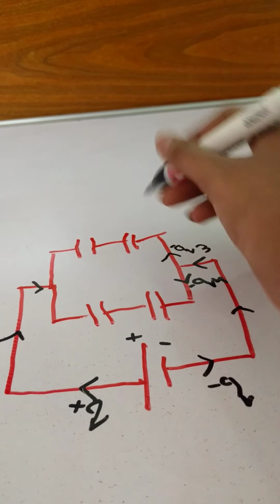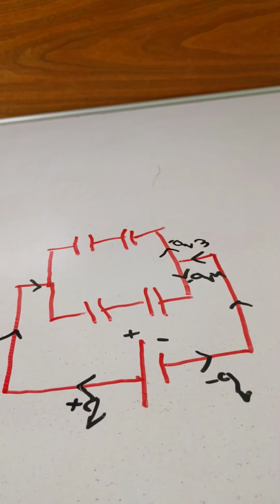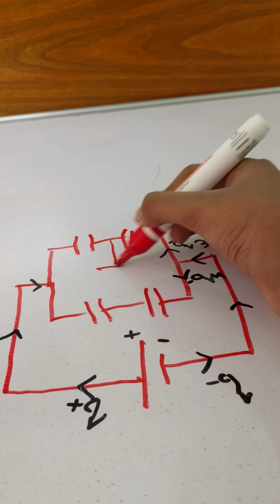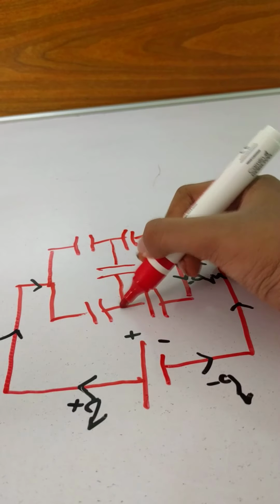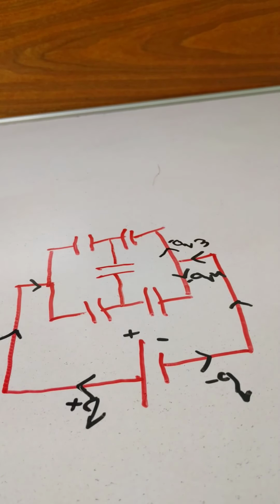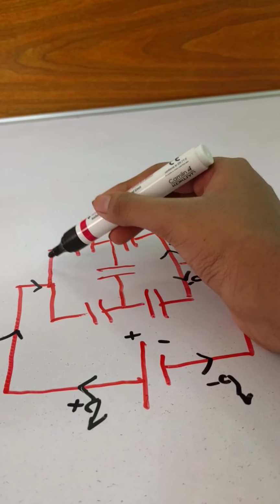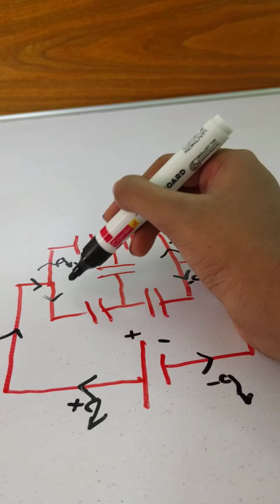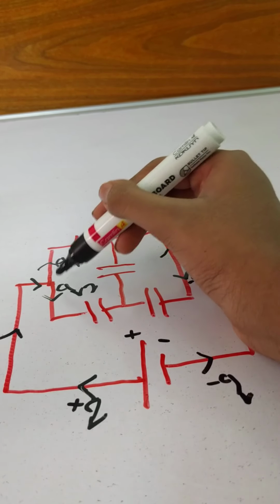Sorry, I forgot one thing, there is a junction between these two. Similarly q1 will go here, q2 will go here, positive.